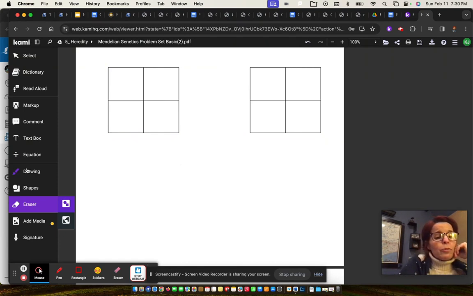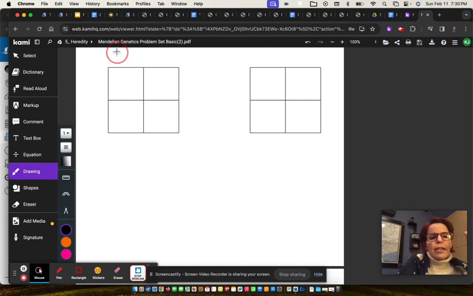Okay, so the one was true breeding purple. So we're going to make two different squares. One is for the color of the flower and one is for the color of the pea. So let's do the flower over here. One was a true breeding purple. I'll make that one across the top. And the other one was a true breeding white.